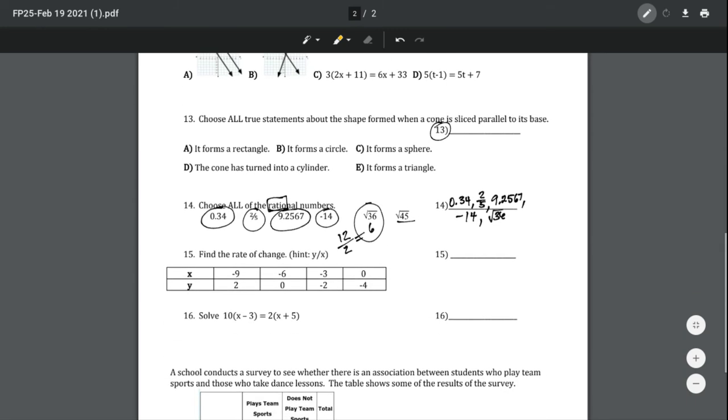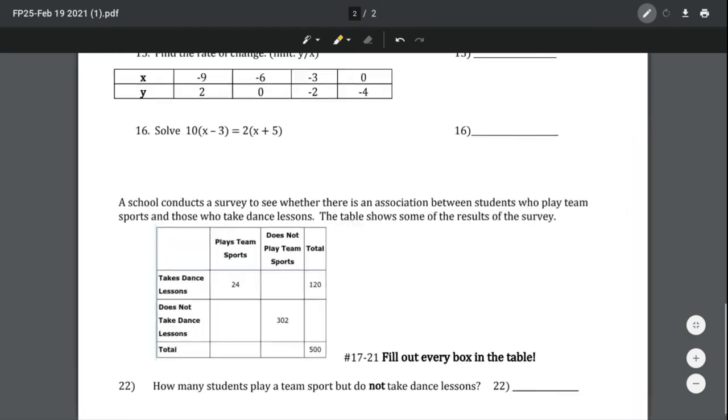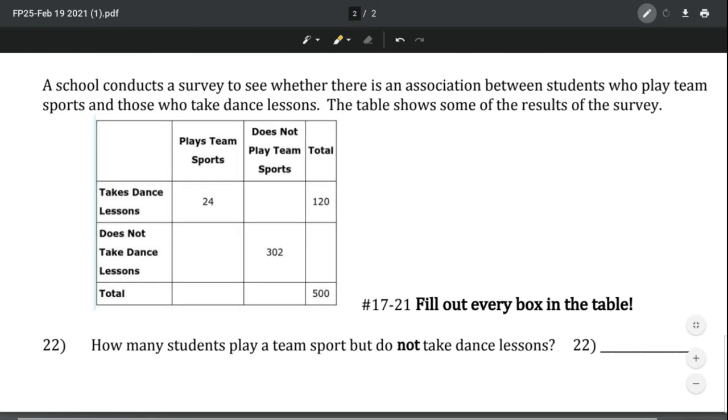Does anybody recognize the problem I put here at the end, 17 through 21 and 22? You've seen this problem before. Do you know where you saw it? This was actually a problem in ClearSight.